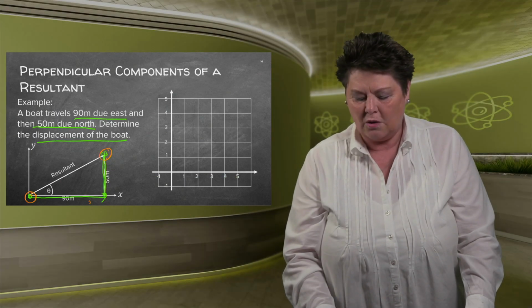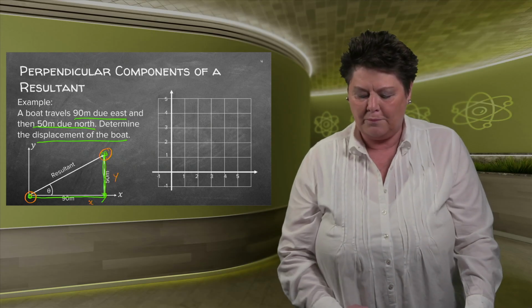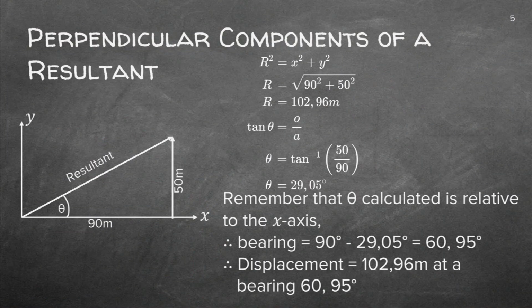We can use, just think a little bit, Pythagoras. I've got the x component and I've got the y component. So let's quickly see how Pythagoras would give me the answer. I want the hypotenuse. I've got the x and the y value, and we can find that by substituting the 90 squared and the 50 squared. Now we get the r, which is the resultant or the hypotenuse, by getting the square root of that answer.